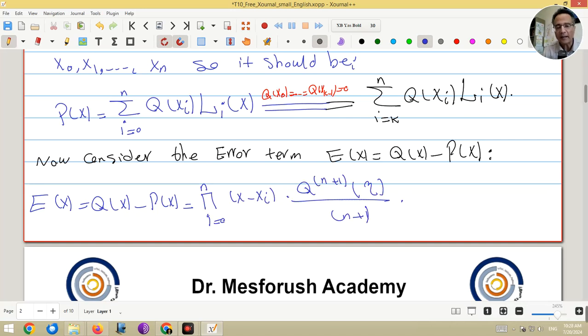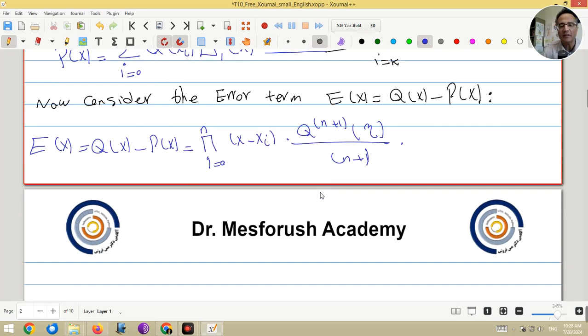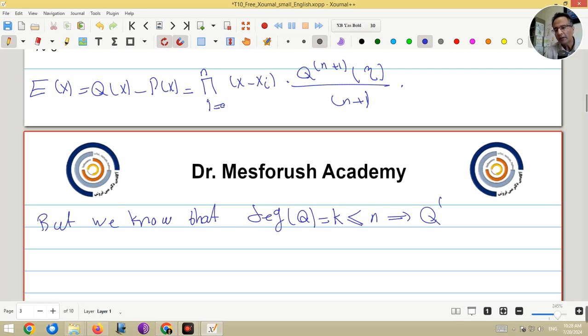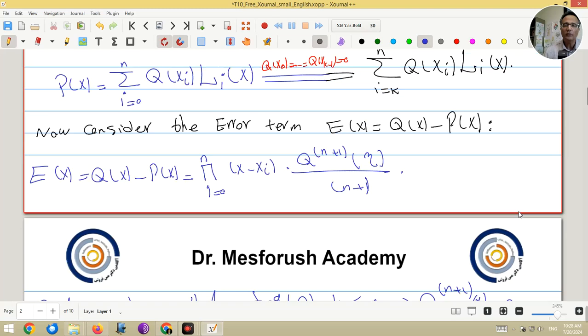But we know that q is a polynomial of degree k, and k is less than or equal to n. So the n plus 1th derivative of q is equal to 0.